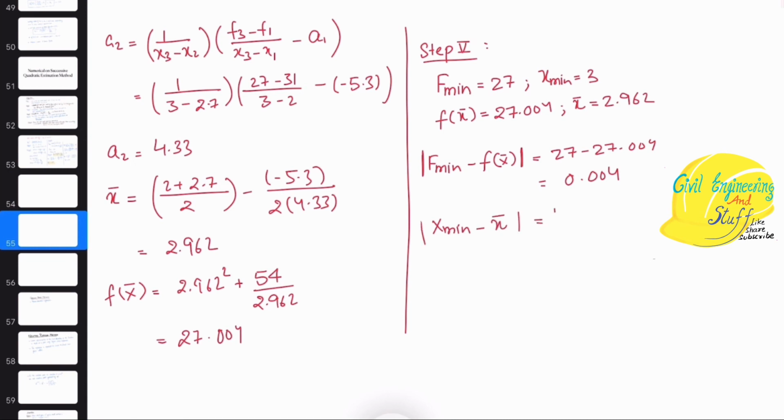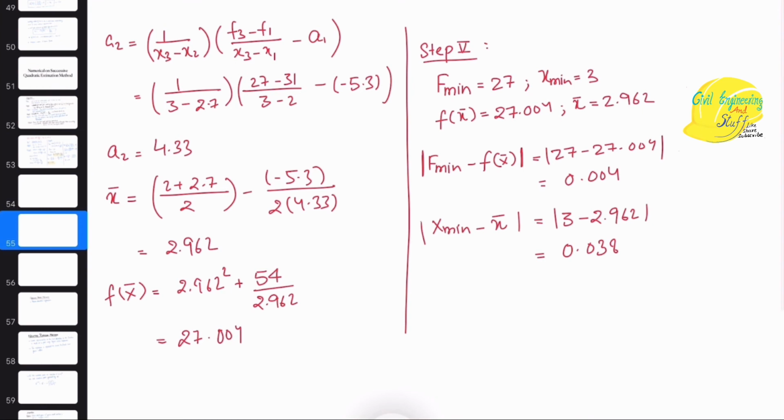Our x minimum is 3, x bar 2.962, so this comes out to be 0.038. Okay, now here we can observe that the value after decimal we have a 0 value, right. So now we can say that the obtained values are small enough, right.